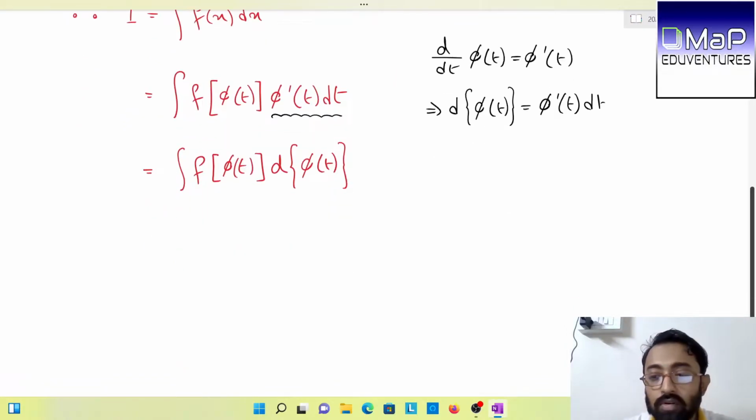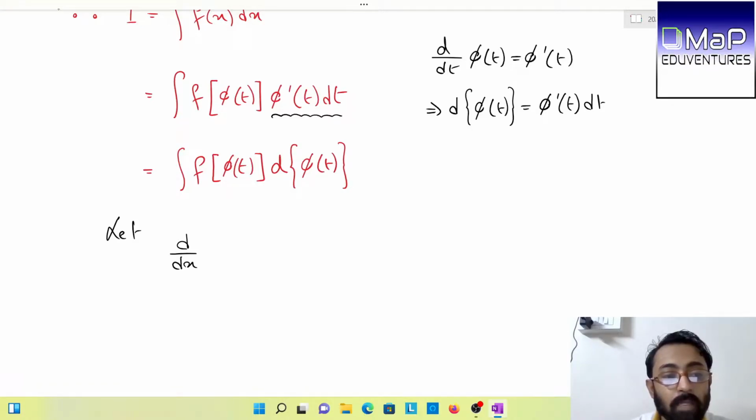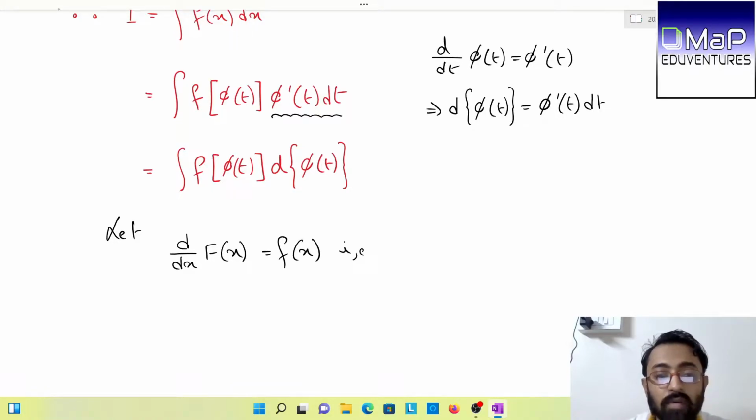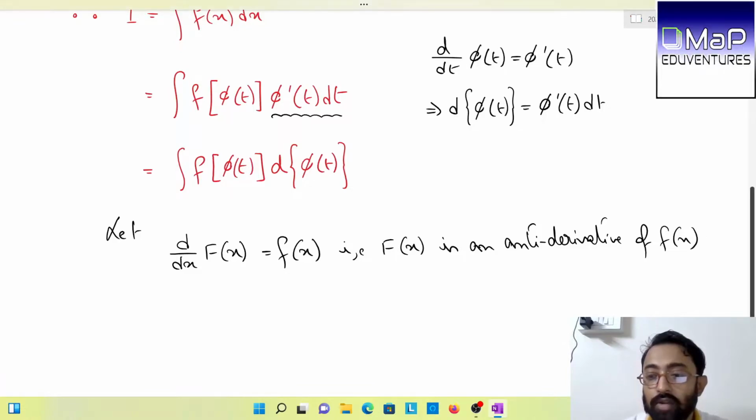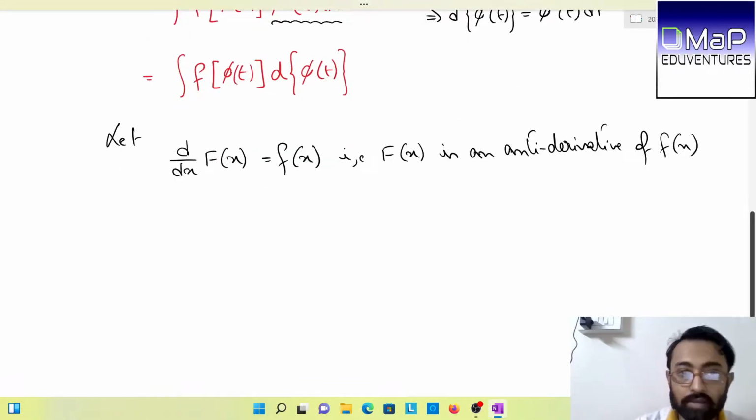Okay, now here, let d/dx of capital F of x equals f of x, that is, capital F(x) is an antiderivative of f(x). Okay, so if we take capital F(x) as the antiderivative of f(x), then what do we get?